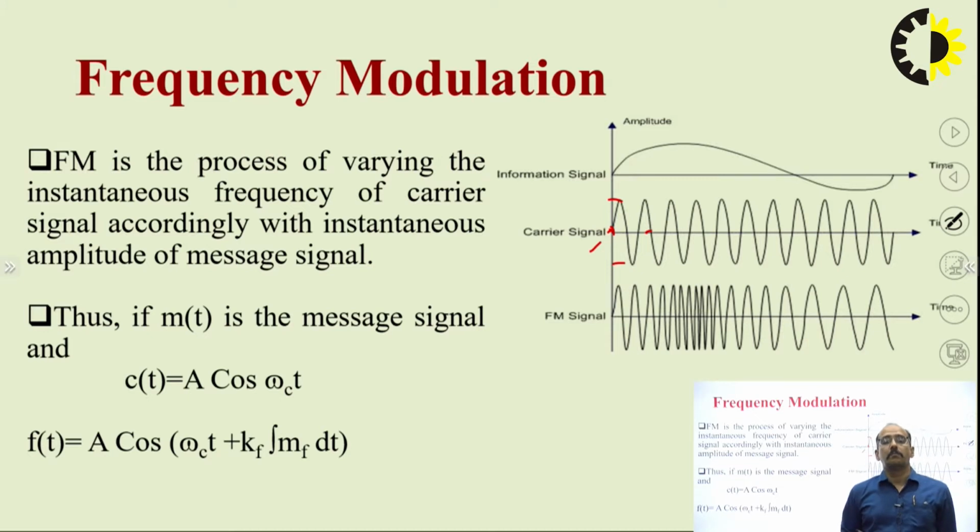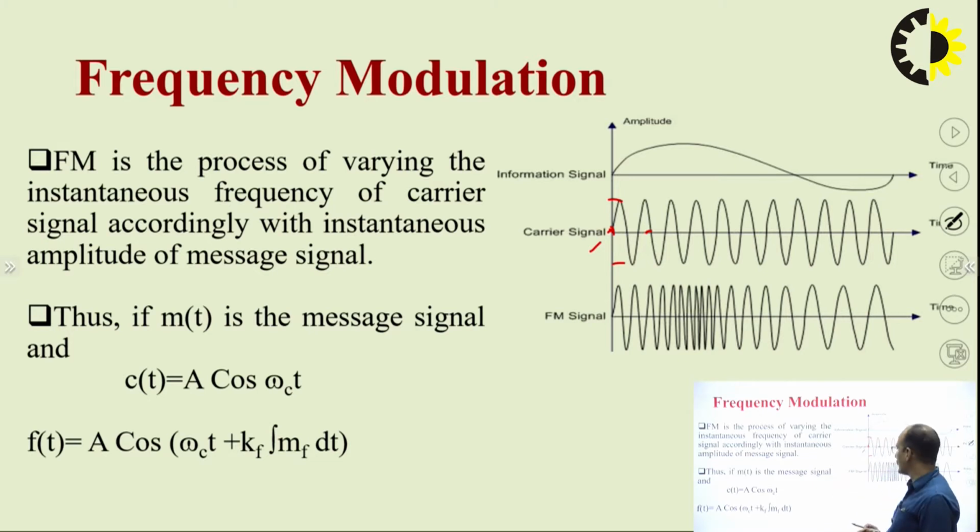We can modulate only one parameter of the carrier as per the instantaneous value of the message signal. Means this is the message signal, its instantaneous value will be taken and that modulates the carrier signal in terms of frequency only. The amplitude and phase of the carrier will be constant in this procedure.